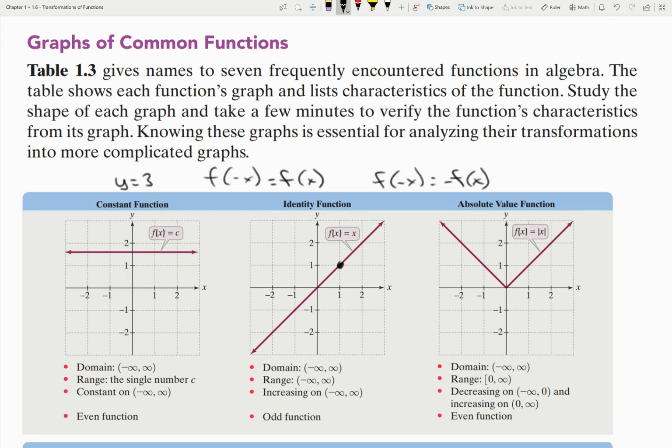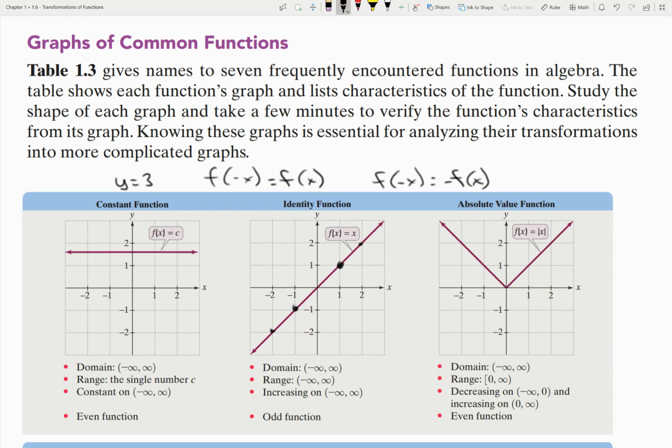So that's (1, 1), and we have (-1, -1), (2, 2), (-2, -2). That is the characteristics of an odd function. Okay, so these two are our basic lines. So we have a horizontal line and we have any other line right here. So we have the parent linear function. And from these, we can make all the other different types of lines out there.